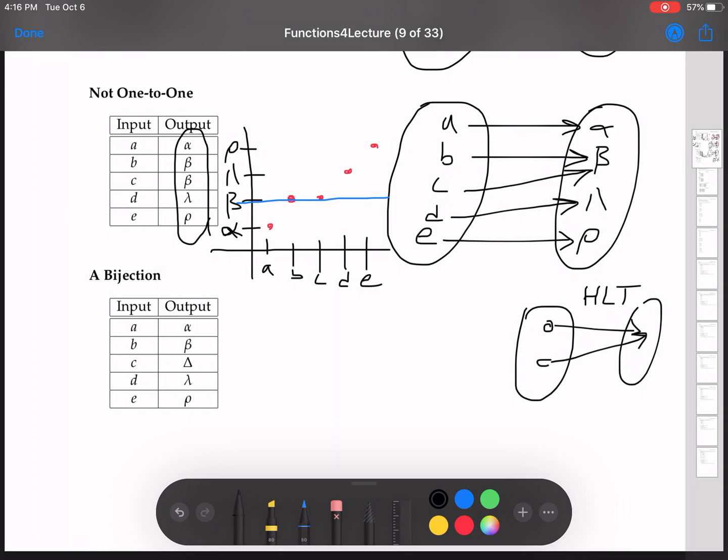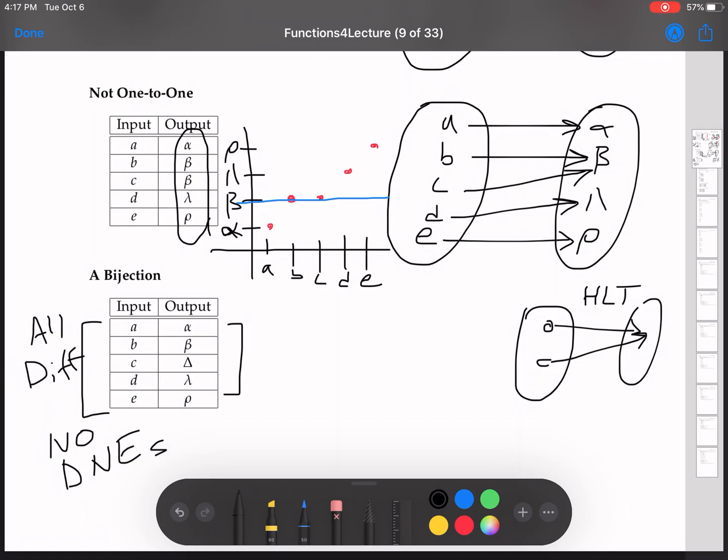Now we get down to a bijection. This is a bijection. The things you have to look for in the table to tell a bijection: everything over here is different. All different says it's a function. No D and Es says it's onto.